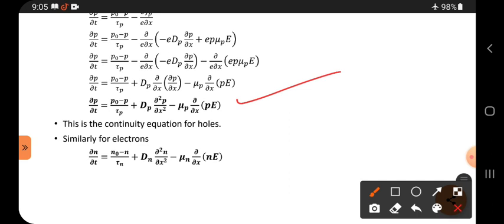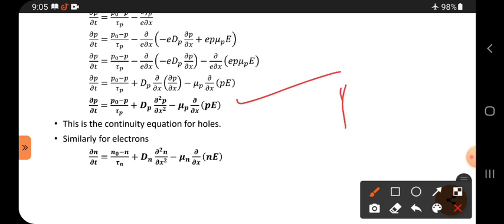Mu p is a constant, so bring it outside, and I write it like this, p E. So dou p by dou t is p naught minus p by tau p plus Dp dou square p by dou x square minus mu p dou by dou x of p E. Here, minus and plus, don't forget this one. So this is the continuity equation for hole.